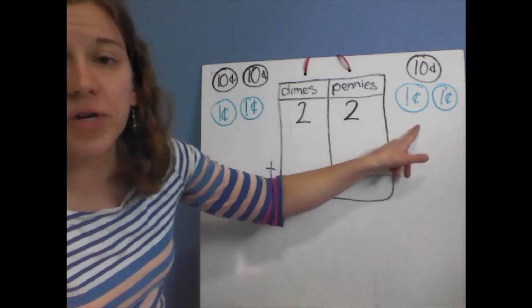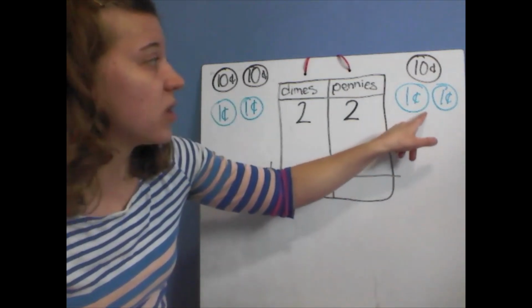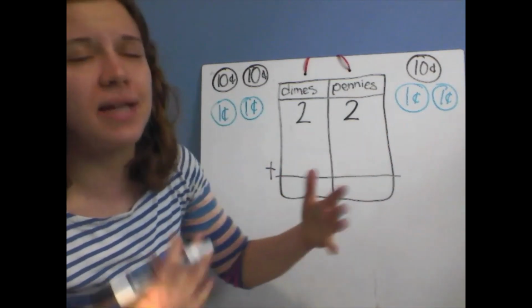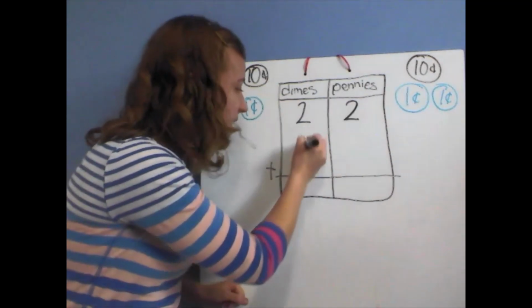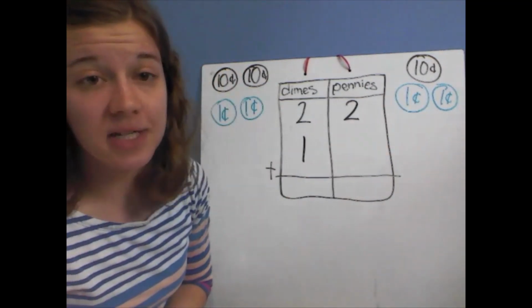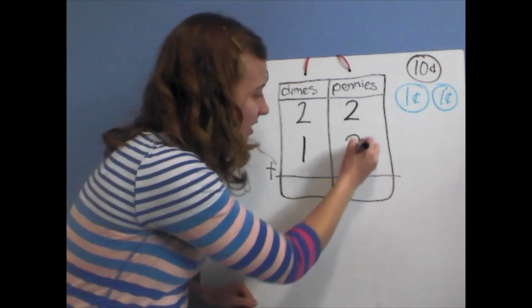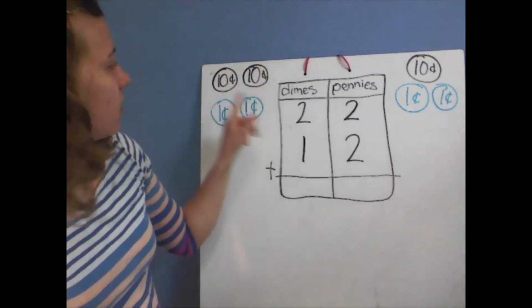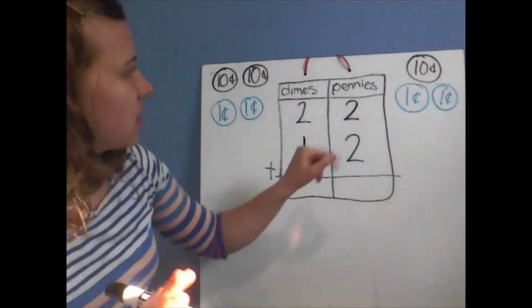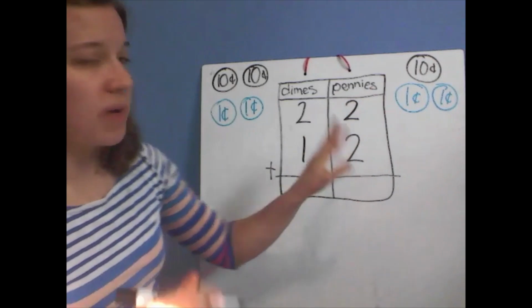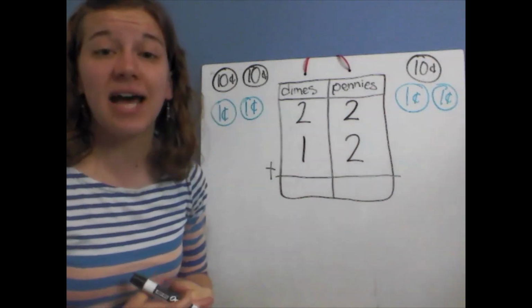Then how about over here? How many dimes did he spend over here? 1, right? We got 1 dime there. And then how many pennies? 2. Good. All right, let's double check, make sure we got it right. 2 dimes, 2 pennies, good. 1 dime, 2 pennies. Perfect.